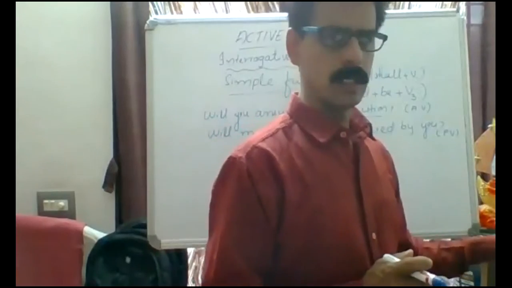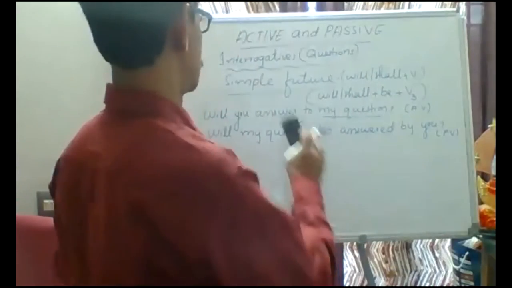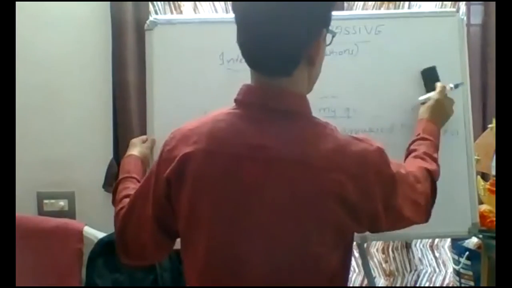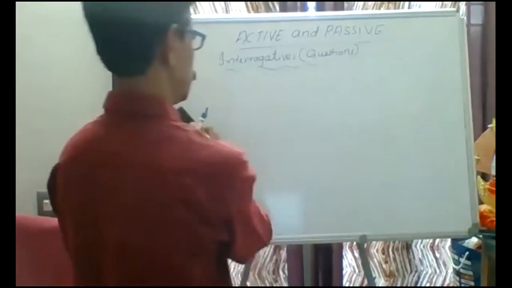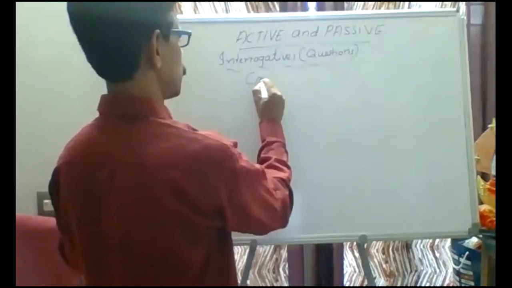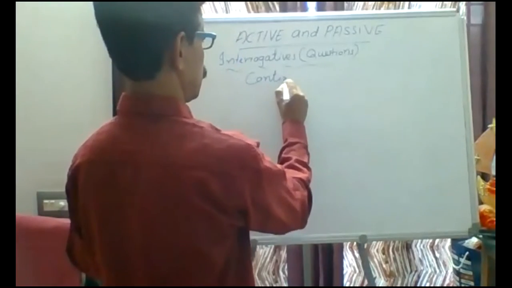Now let me bring your attention towards continuous tenses. What are the three continuous tenses you know? The first one is present continuous. Continuous tenses are also called progressive tenses.